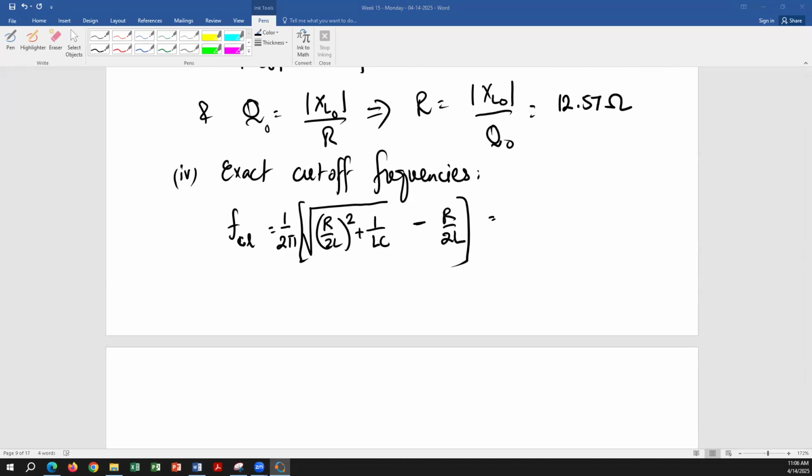Okay, so FCL is the square root of A squared plus omega naught squared, minus A, divided by 2 pi, which is 747.34 hertz.